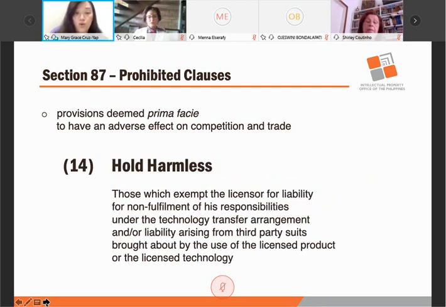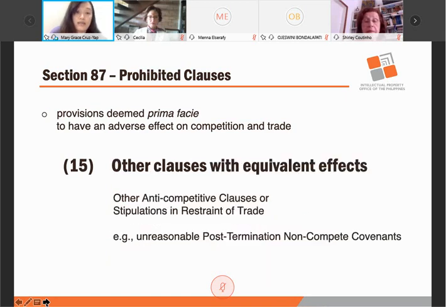Section 87.14, hold harmless clauses, are also prohibited in TTAs, and Section 87.15 is a catch-all phrase where other clauses with equivalent effects are prohibited in your tech transfer agreements. An example of clauses with equivalent effects are anti-competitive clauses, such as a stipulation for unreasonable post-termination non-compete covenants.